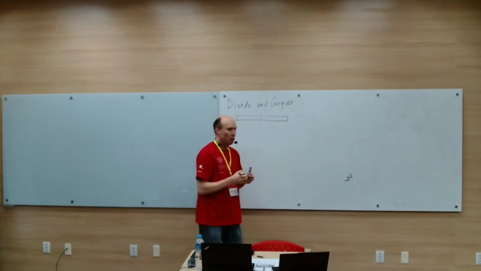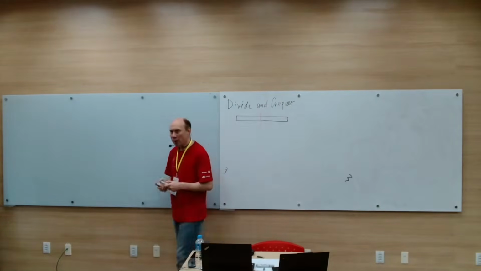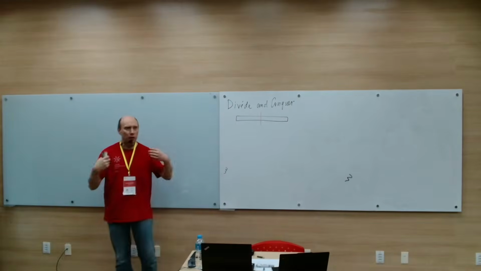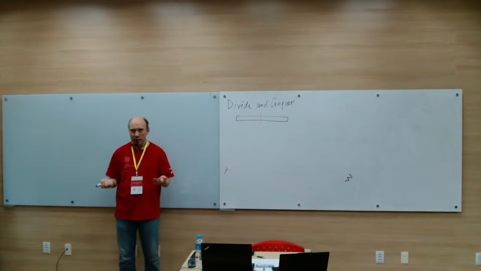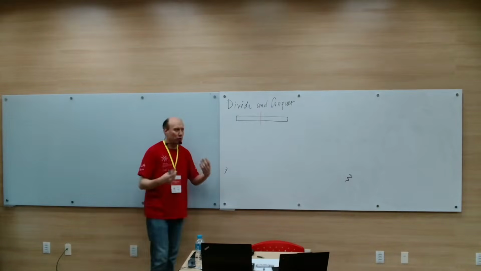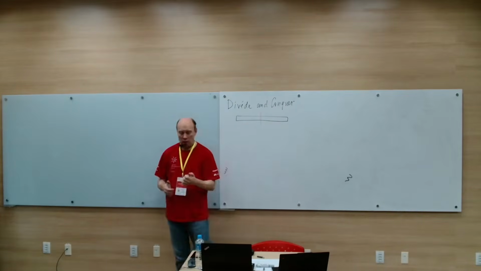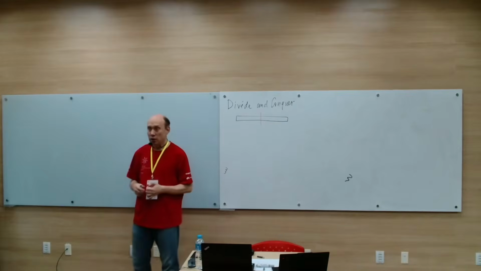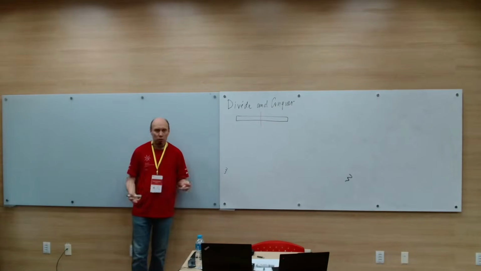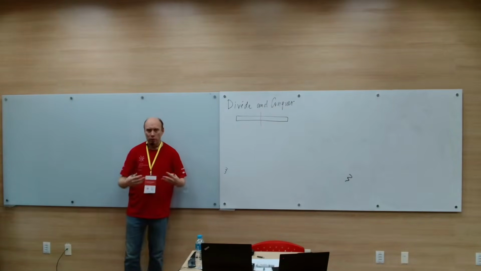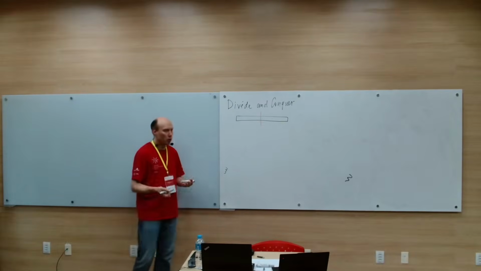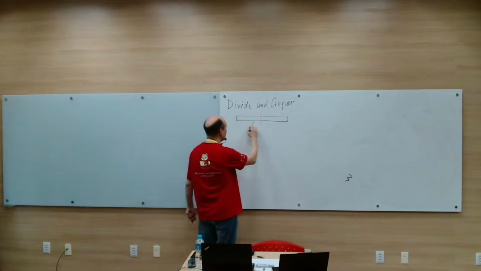Then you process the two parts separately. This is called the divide step. And then, after you have calculated some results for the parts of your data, you combine them to get the solution for your whole data, which is called the conquer step.